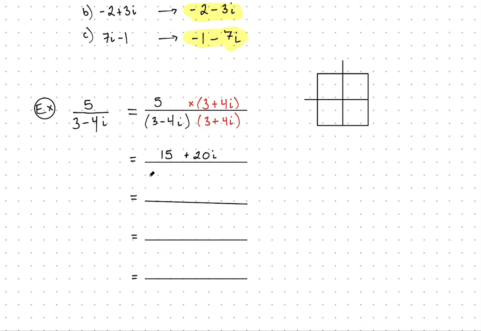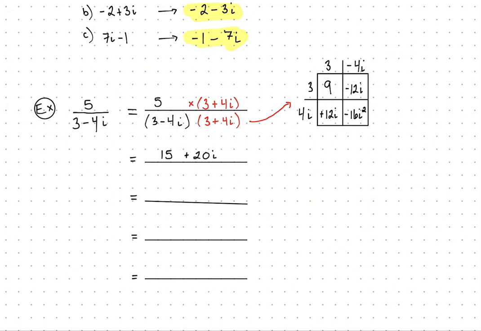And this bottom part, we are going to pull it over and use our box method, because that's how I like to multiply complex conjugates. And so I'll get 3 minus 4i times 3 plus 4i. And if I go through each multiplication, I get 9 minus 12i plus 12i minus 16i squared.